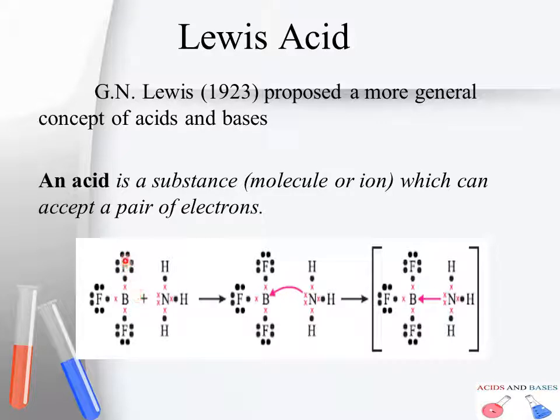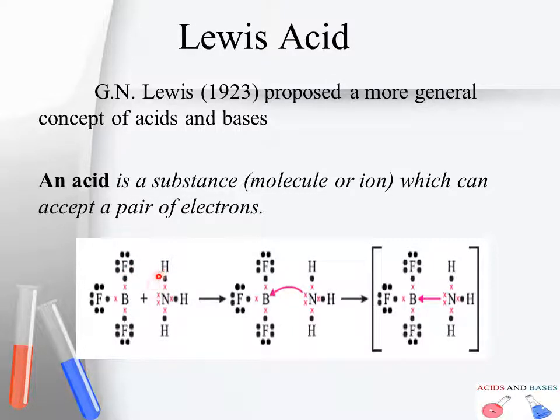Now the boron has 6 electrons, but it wants 8 electrons. So 2 more are required. These 2 electrons are given by ammonia. Basically these 2 electrons are given by nitrogen.